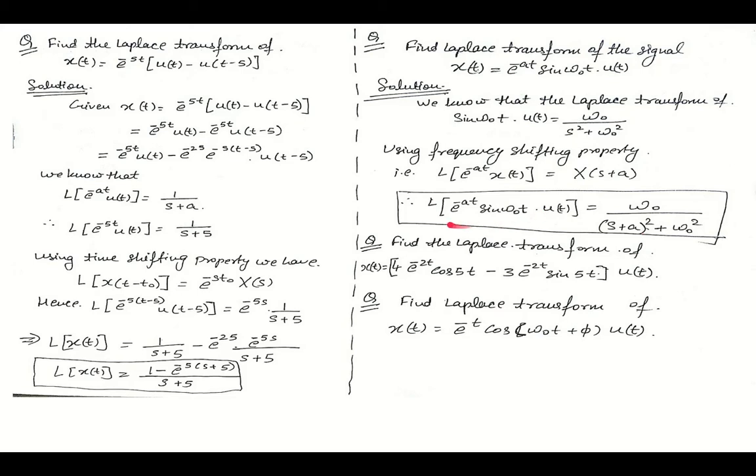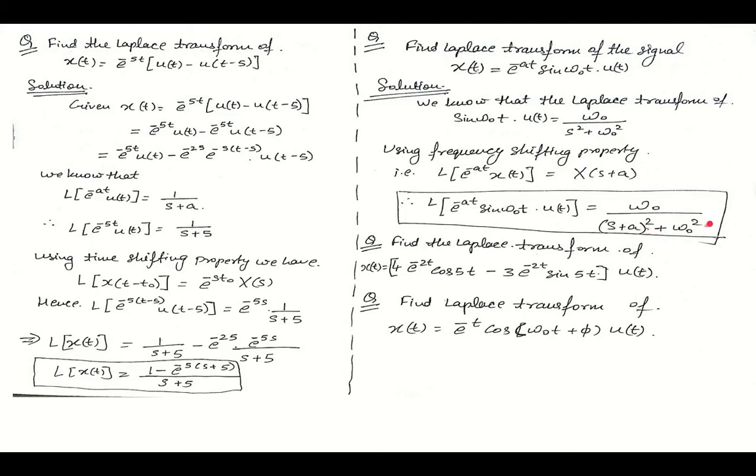So in this numerical, we have seen that if I multiply e to the power minus at into sine omega naught t u(t), then we will be having the output or the Laplace equal to omega naught upon (s plus a) whole square plus omega naught square.